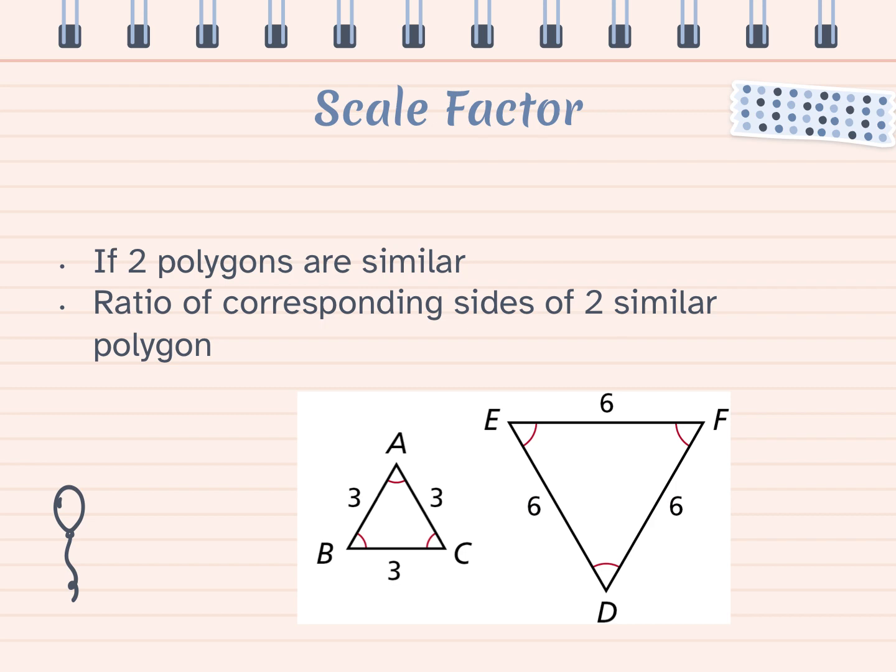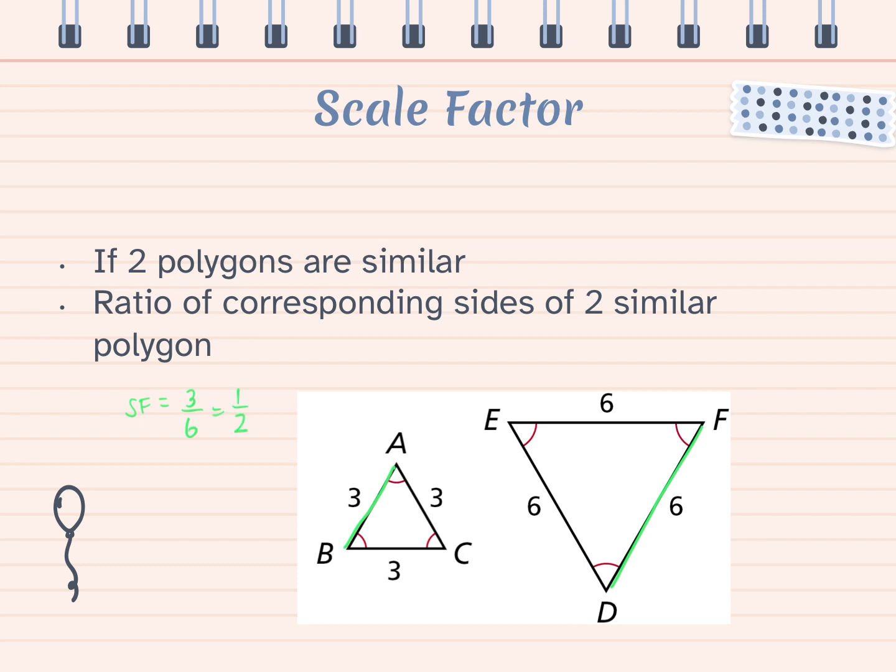So that scale factor that we talked about in that last slide, that's what this slide refers to. If two polygons are similar, they have a scale factor, and the scale factor is the ratio of the corresponding sides of the two shapes. In this particular problem, I can identify the scale factor. First of all, these are 2 equilateral triangles. Let's say AB might go with DF, and so I've got 3 to 6 or 1 to 2.